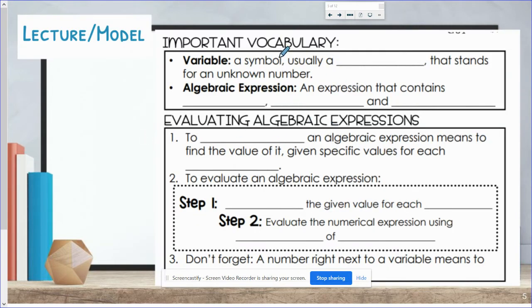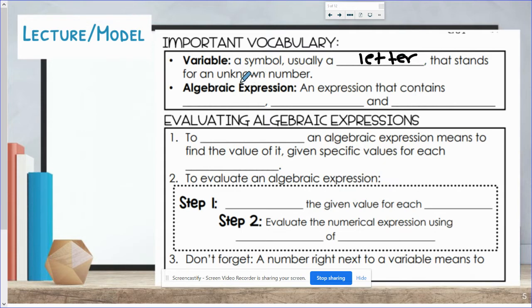All right, so a couple of things that we need to remember is that a variable is a symbol, usually a letter that stands for something else. It stands for the unknown. For instance, if we wanted to find out how much we would work for any number of hours, we don't know the specific number of hours, so we would use a variable.